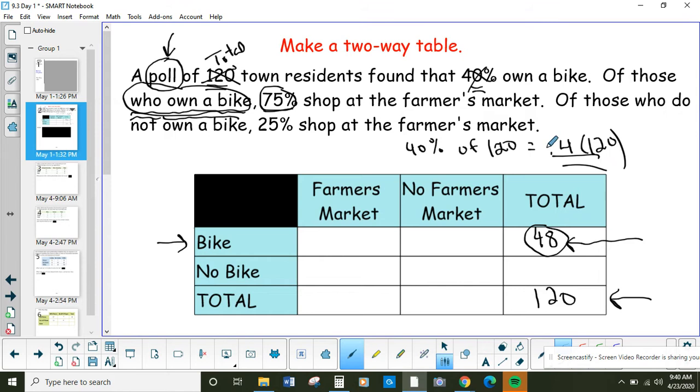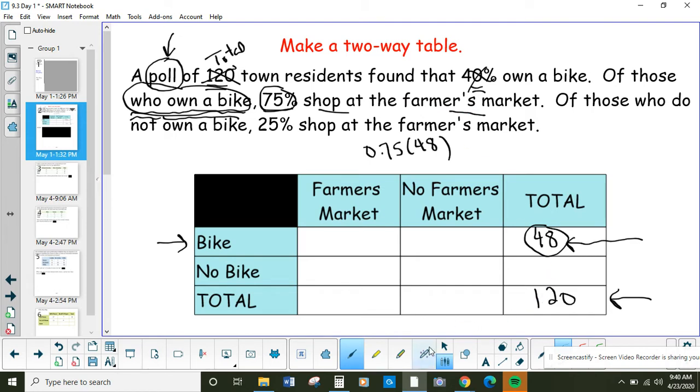So for the same work that we did up here, I wouldn't use 120 because they're just talking about the bike owners this time. So this time I'd have to find 75% or 0.75 of 48, the bike owners, because that's how many people shop at the farmer's market.